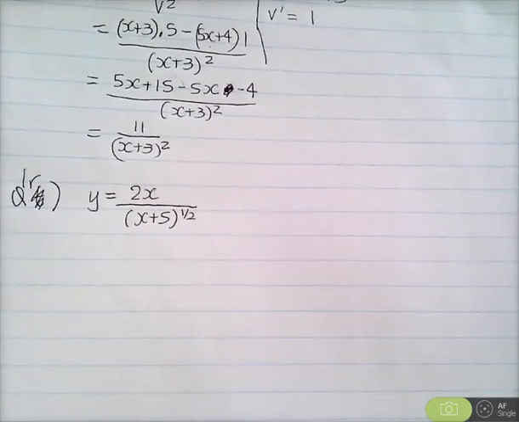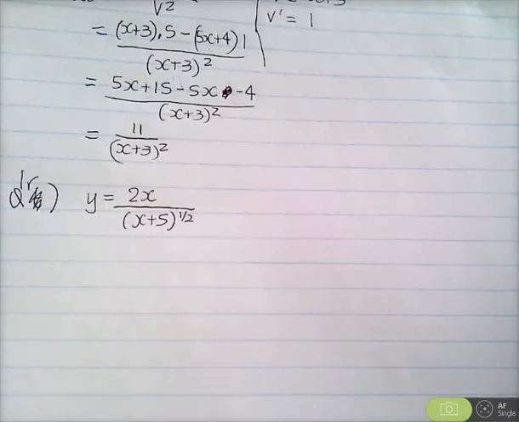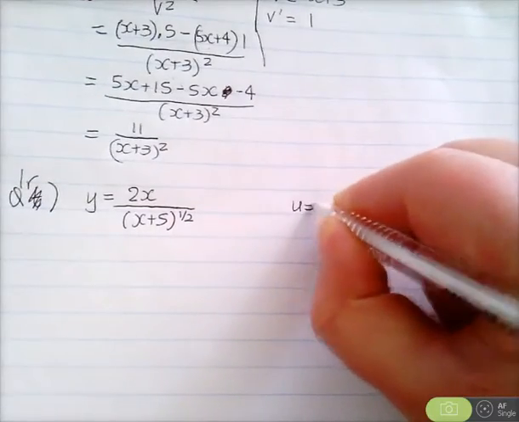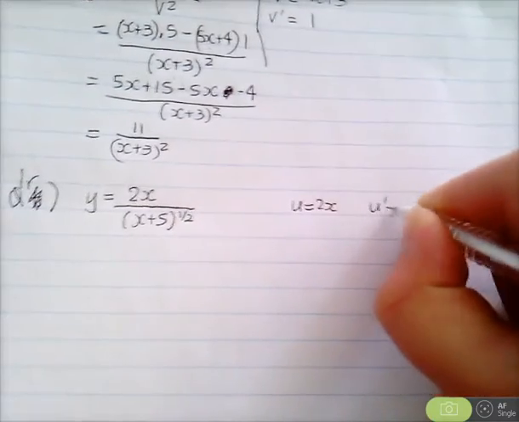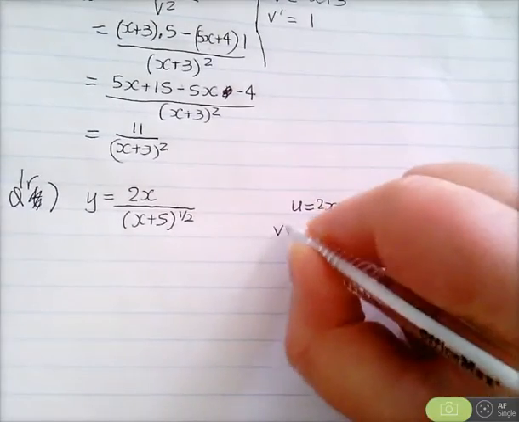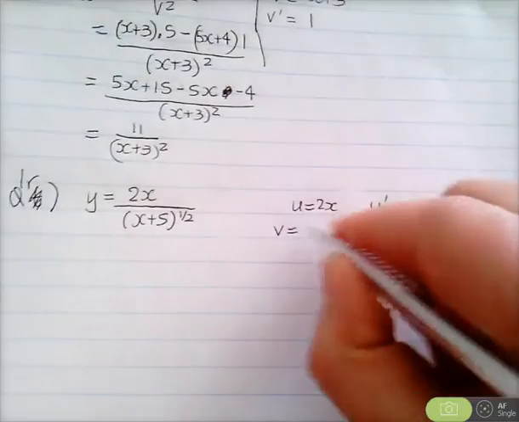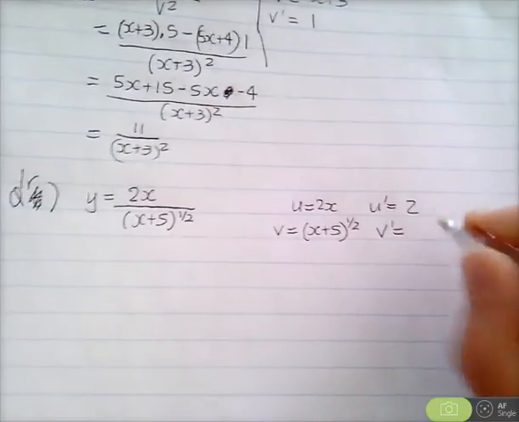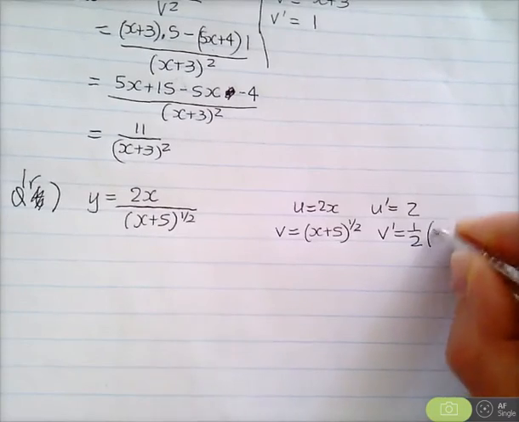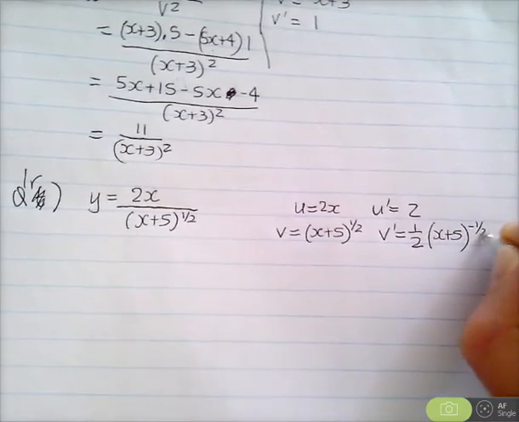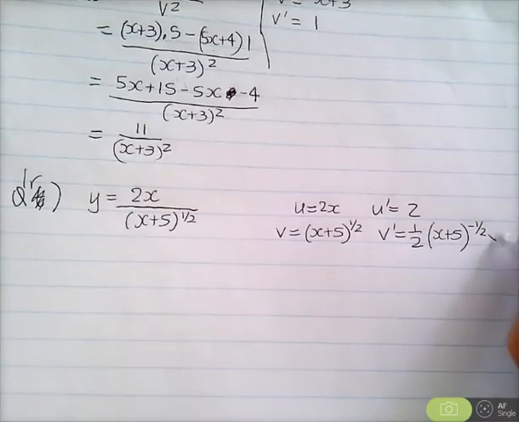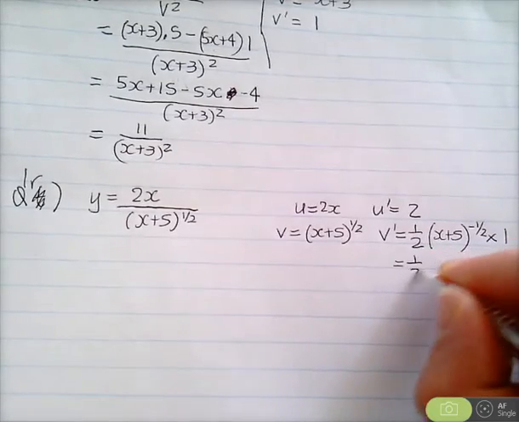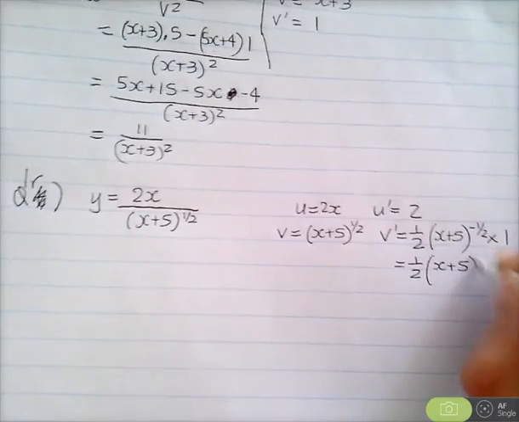Now, everything's fine the way it is. I don't want to see square roots. Do not lift this power of a half up to the top. It's one function divided by the other. It's quotient rule. So u is 2x, u dash is 2. v is x plus 5 to the half. v dash is a half to the negative a half times differentiating inside, which is 1, so a half x plus 5 to the negative a half.